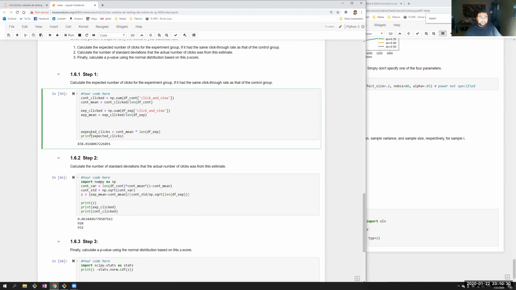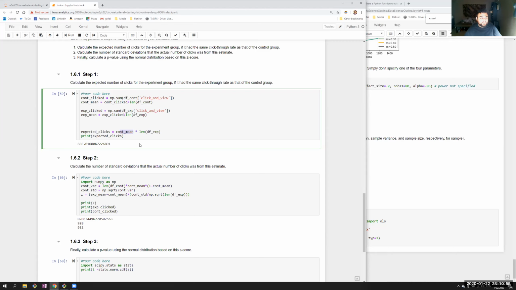Then we do expected clicks, and I'm pretty sure this is how you would do it. It's the expected number of clicks if it had the same click-through rate as the control group. The idea is, if the experimental group was subject to the same rate of clicking as the control, how many of those members would have ended up clicking?